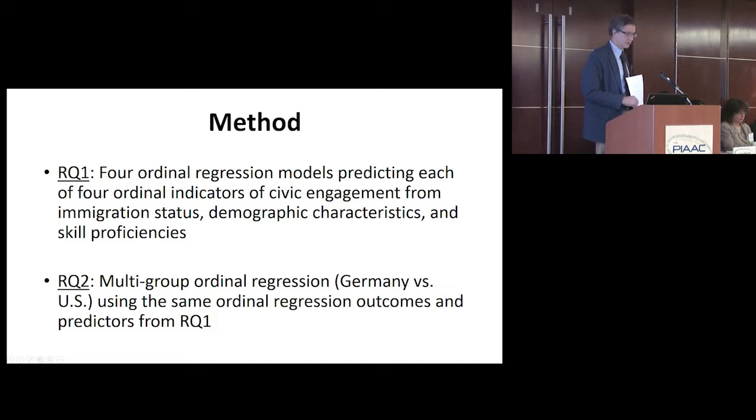And then for research question 2, which involved looking at between-country differences in these relationships, we used again a regression model treating these variables as outcomes, and specifically using a multi-group regression framework.